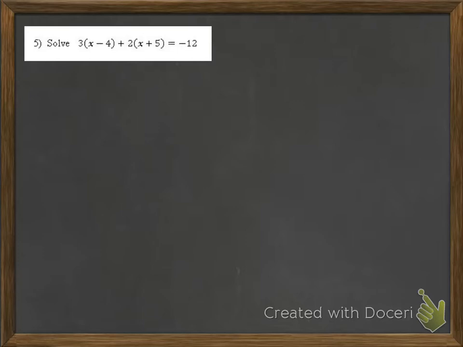On problem 5, we're asked to solve for x. A good way to start this problem is to first use the distributive property to get rid of the parentheses. So we'll go ahead and distribute the 3 to the first set of parentheses and the 2 to the second set of parentheses. That would give us 3x minus 12 plus 2x plus 10 is equal to negative 12.